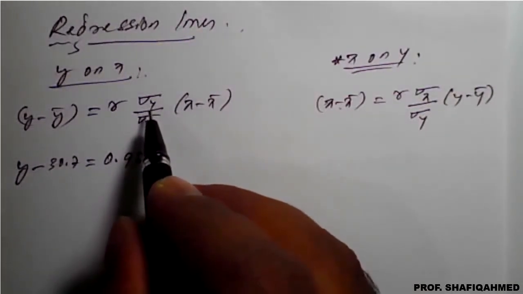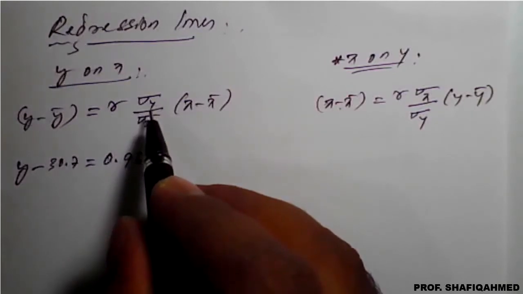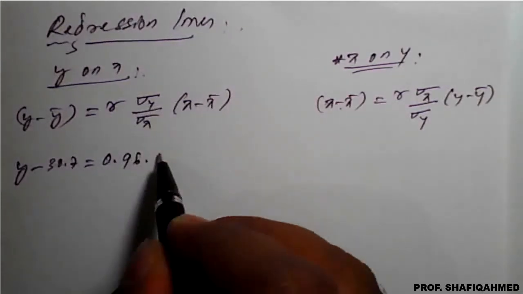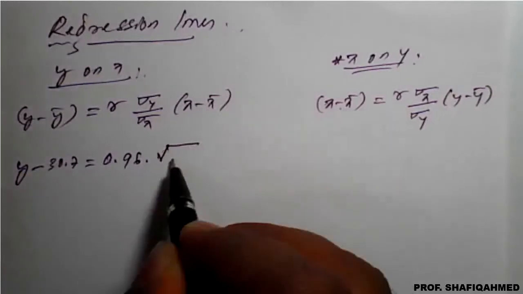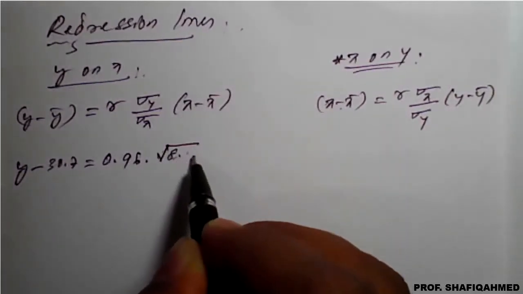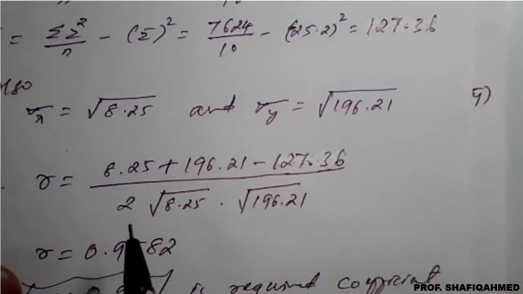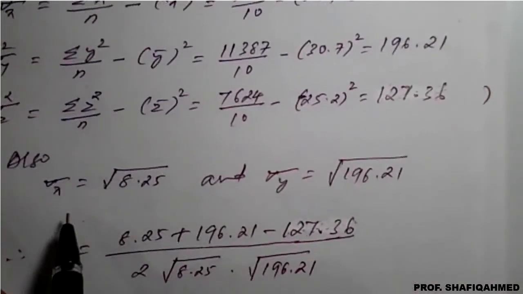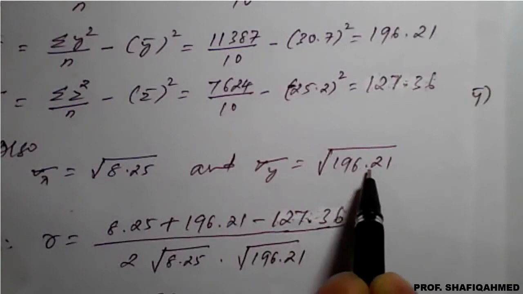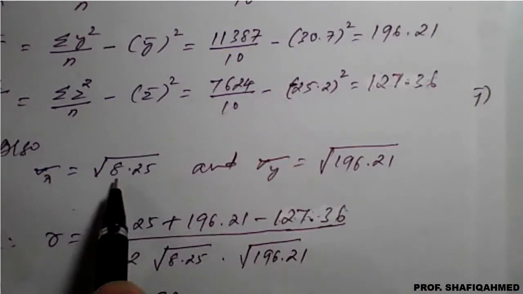Standard deviation of y is nothing but square root of 8.25, okay, I will show you. Standard deviation of y is 196.21 and standard deviation of x is 8.25.